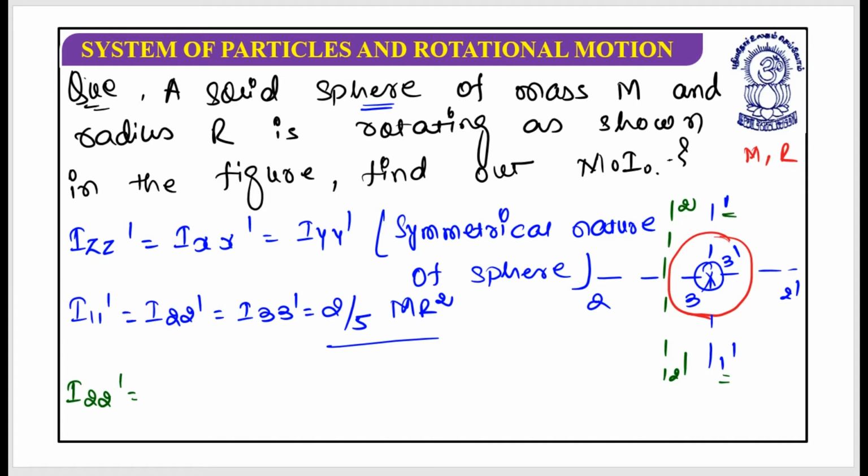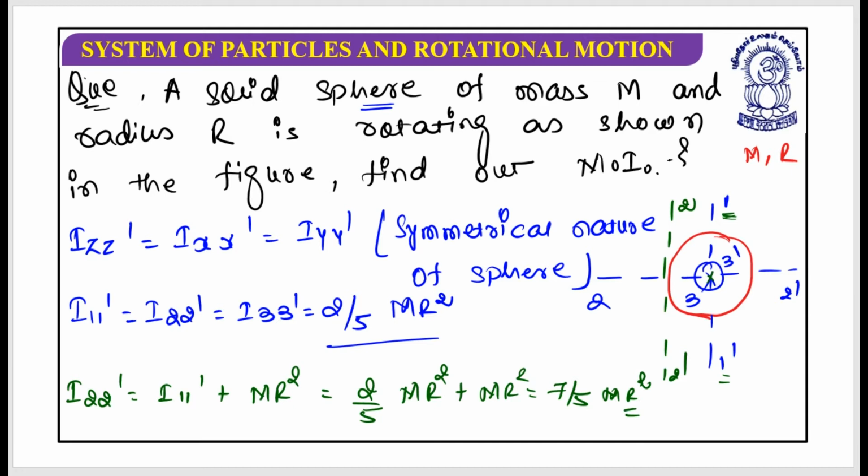So I22 dash is equal to I11 dash plus m into r square, because 11 dash passes through the center of mass, as the center of mass of a solid sphere is at the center. This is equal to 2 by 5 mr square plus mr square, which is 7 by 5 mr square. Have you got this? Are you sure? Okay, great.